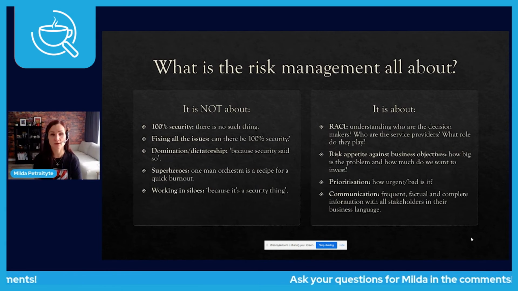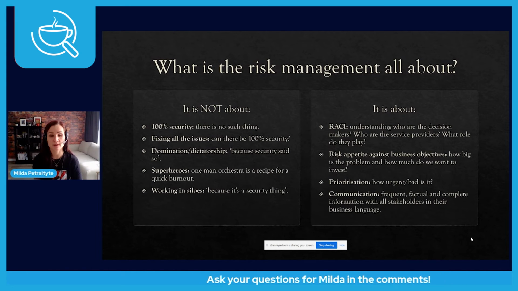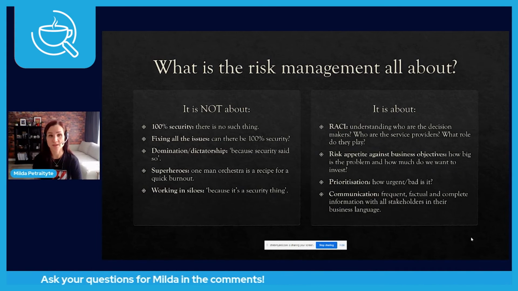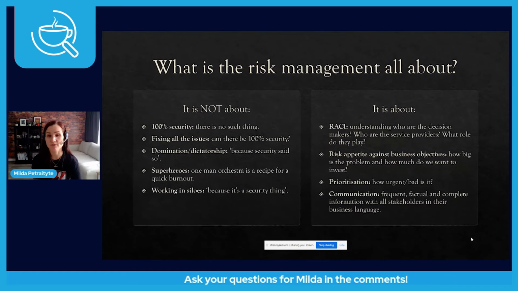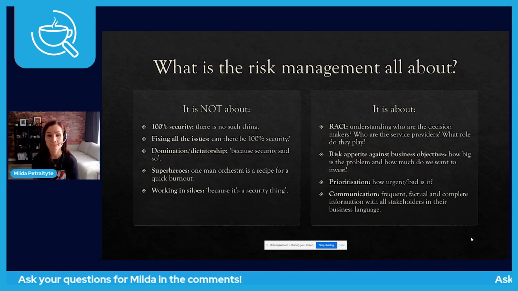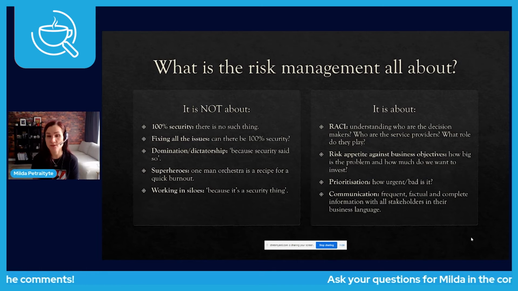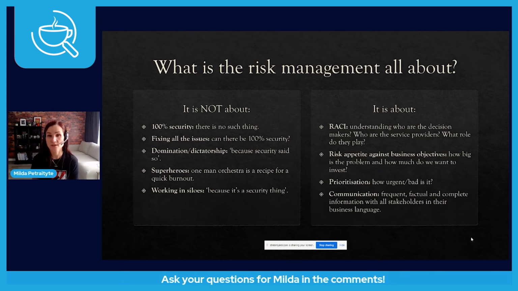But when we speak in the language of risks and higher leadership language, it's much easier for them to understand how problematic is what we are presenting, and how it fits into the context of everything else that is going on with the organization. Maybe we are simply not aware of the wider context, and so for us, it might be difficult to prioritize without putting it into the right context.